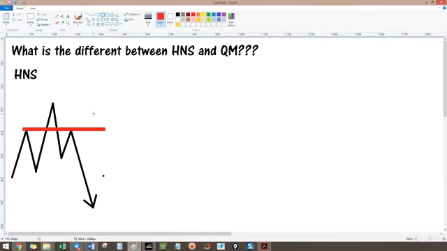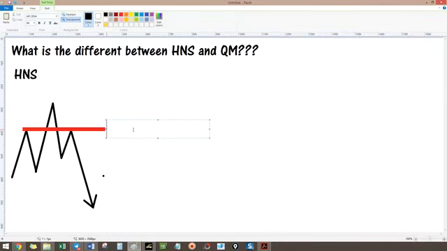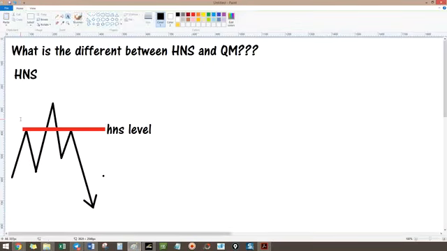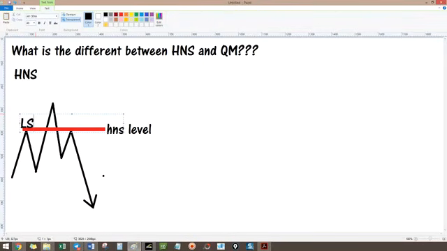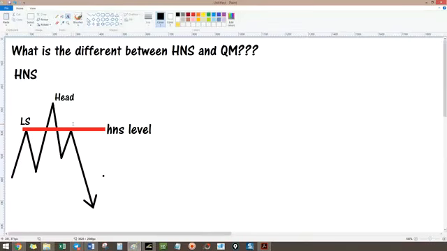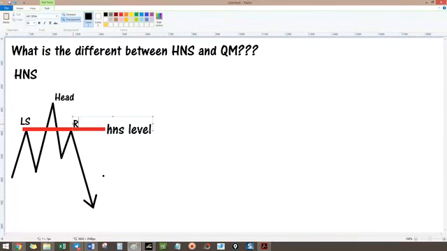Okay. As level, you got a left shoulder, LS, head, and right shoulder.